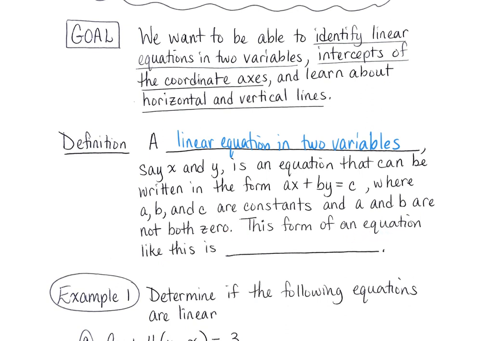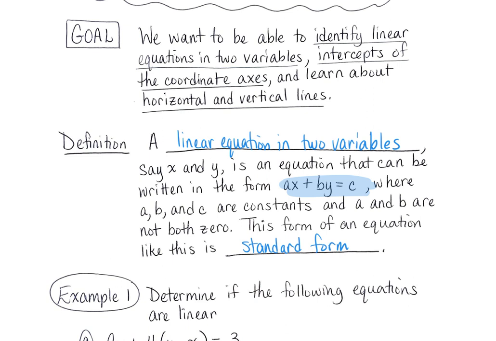This form of an equation like this is called standard form. So again, this form here is called the standard form for an equation of a line in two variables.